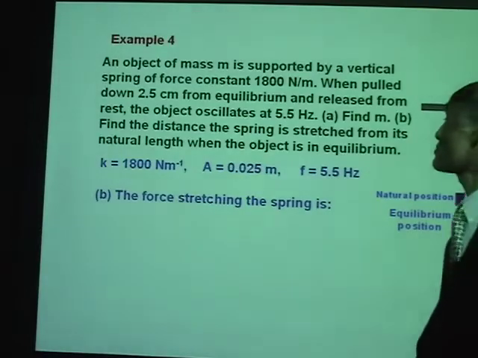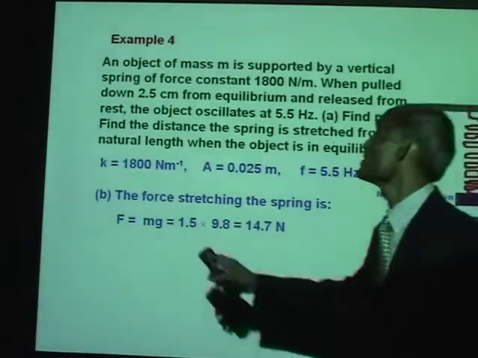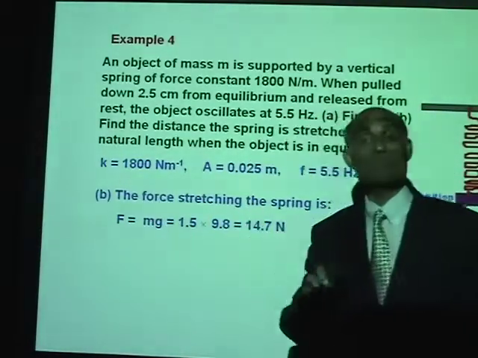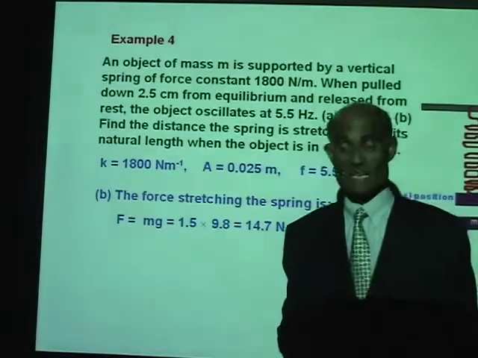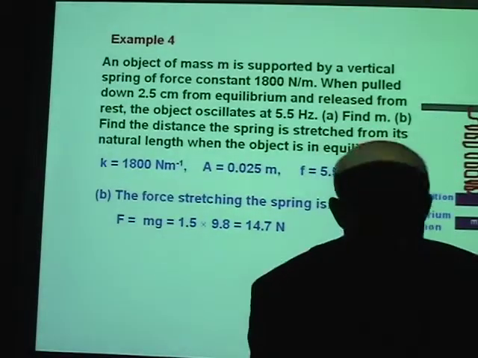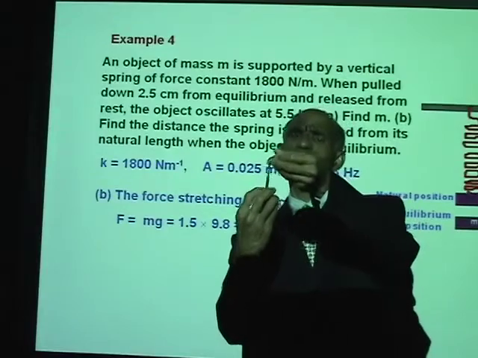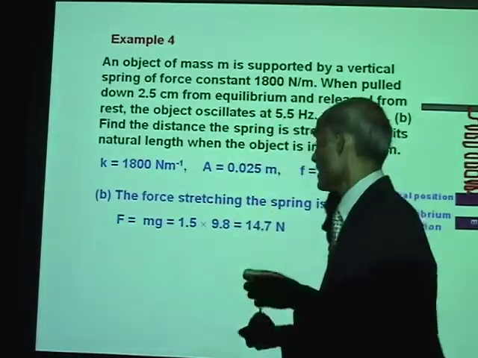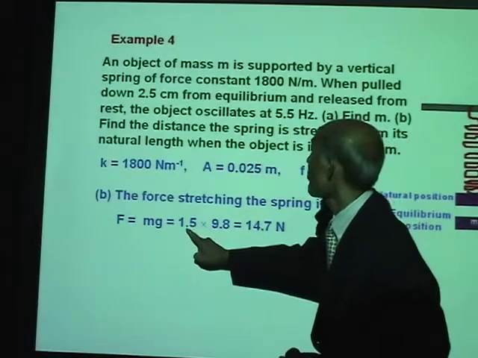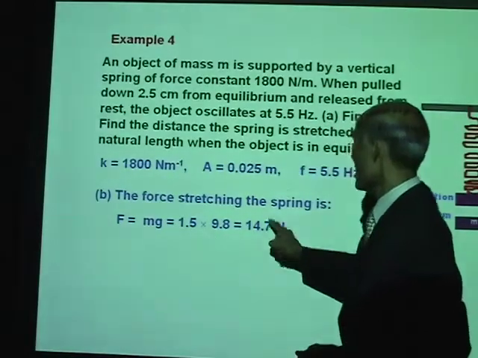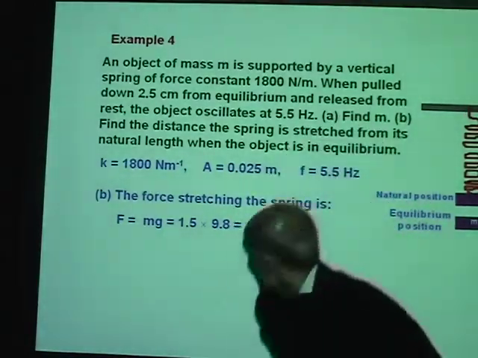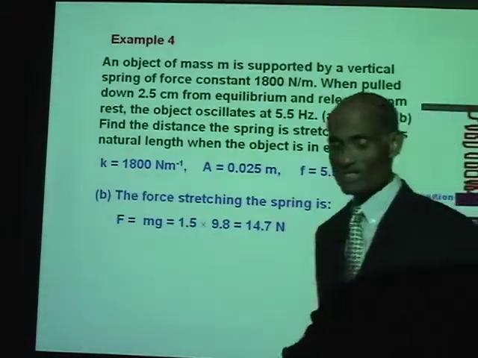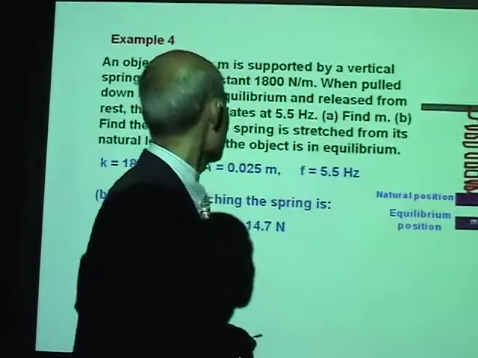The force stretching the spring is F equal to mg. Is that right? Yes? When you suspend that mass, the force stretching that spring will be F equal to the weight of this. And the mass is 1.5 kilogram, and therefore the stretching force is 14.7 Newton.